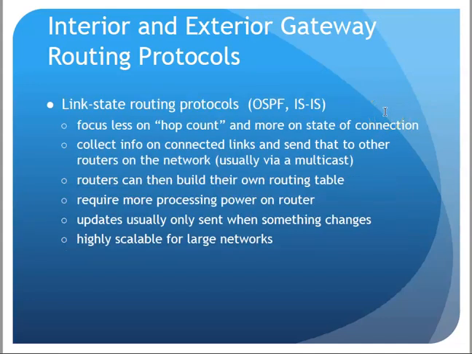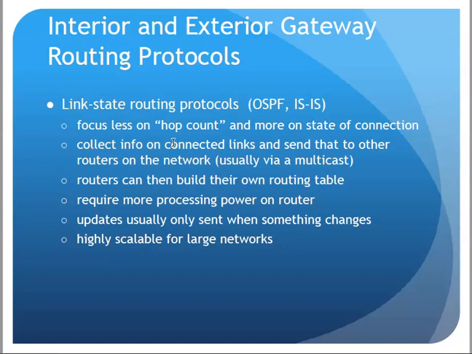Link states, OSPF, IS-IS, focus less on hop count and more on the state of the connection. They tend to factor in a few more things about that link, kind of like what you do when you're deciding which way to drive to work. I factor in the type of road, the time of day, whether there's construction, and then I make my decision.